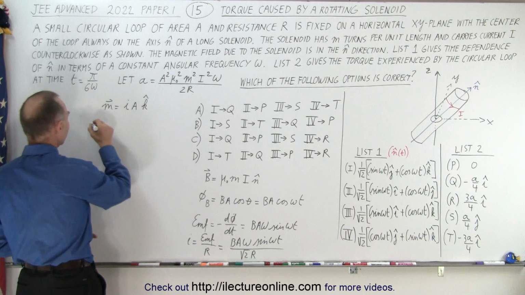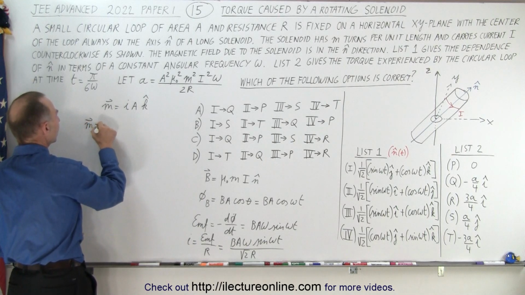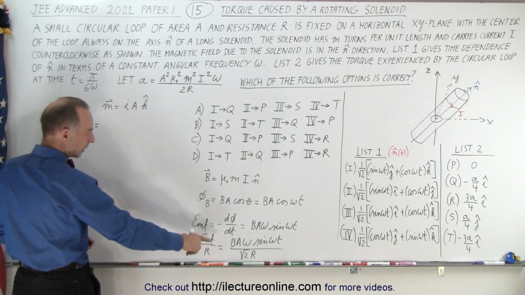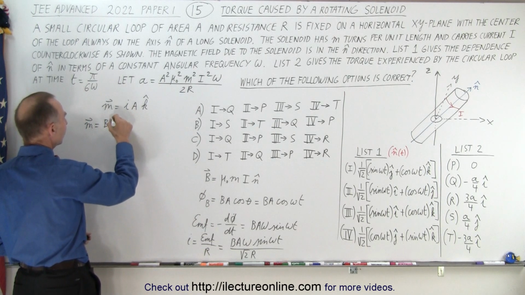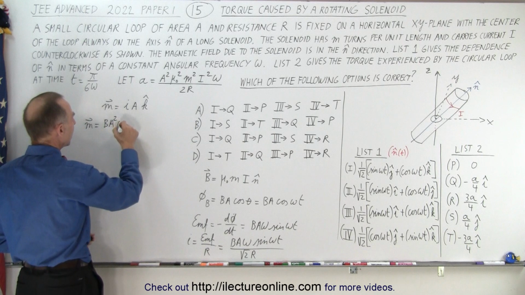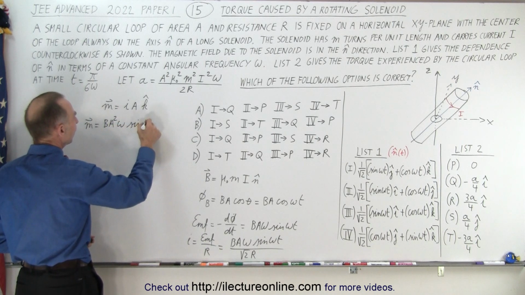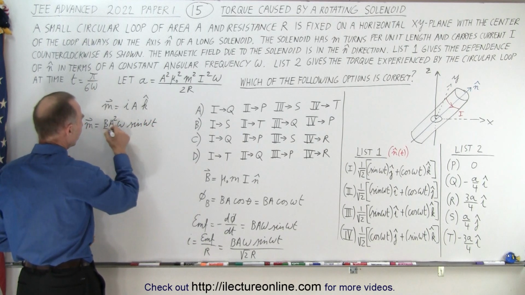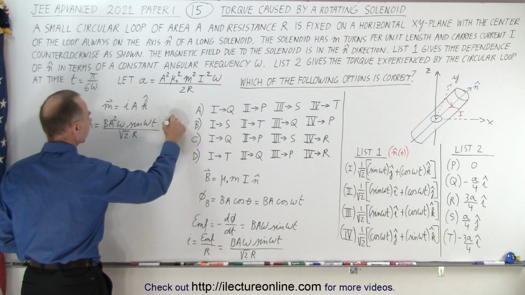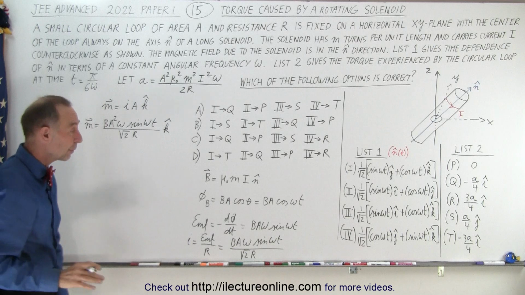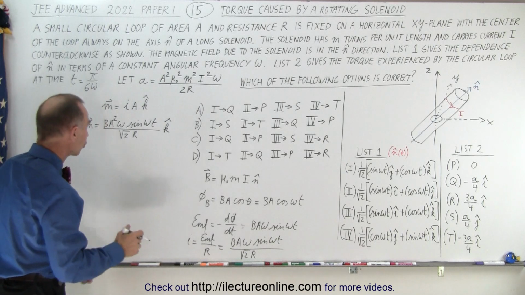And so that means that the magnetic moment is going to be equal to this times A, so we end up with BA squared omega times the sine of omega t divided by the square root of 2 times R in the k direction. All right, so now we're ready to find the torque.